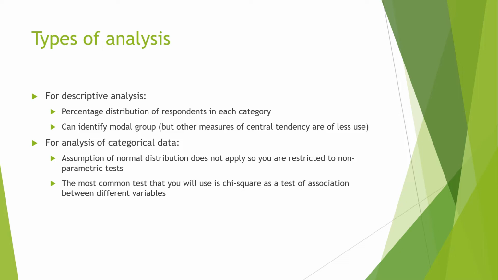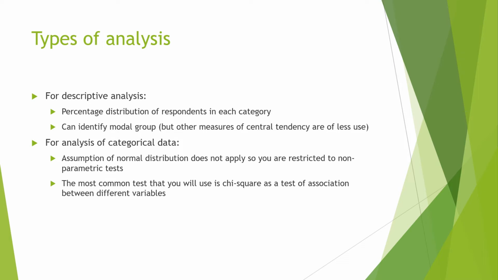So an important first stage when we are doing survey analysis, when we've collected our data, is to do what we call descriptive analysis. And that's simply looking at how people have responded to each question, so looking at the percentage distribution of respondents in each category.